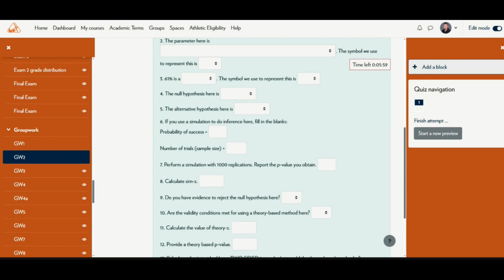Do you have evidence to reject? Oh, I got it. No, that's still p-hat minus pi. So we do need this divided by the square root.